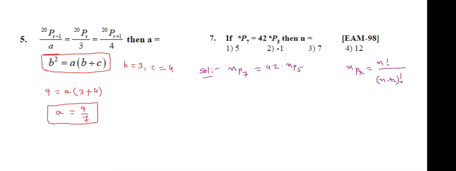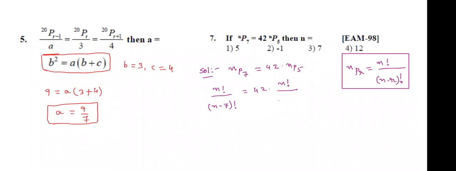Okay. Now NP7 means n factorial by n minus 7 factorial, that is equal to 42 into NP5, n factorial by n minus 5 factorial.